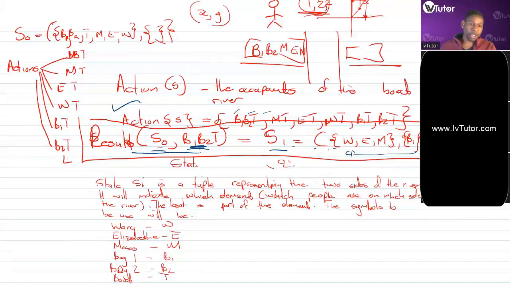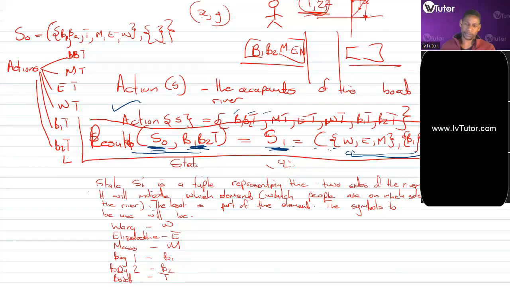For example, you are in the initial state which we've defined, and you pick this action, you are going to end up in a different state, which you're going to call S1, defined by these parameters. S1 is one of the possible states. Yes, if the boy crosses the river, then that is a new state that we have.